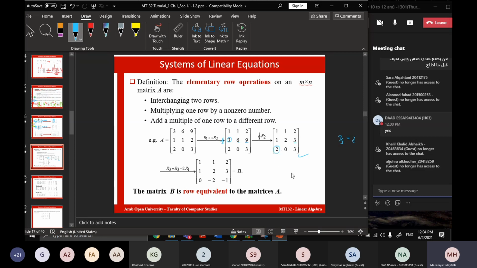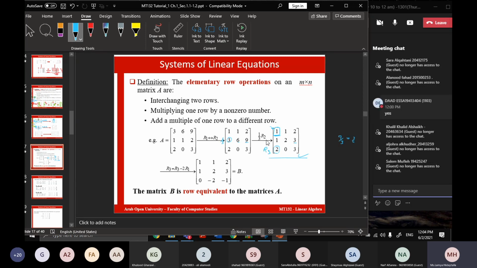How can I make this number 0? Where is the leading one for this one? It is this one. Right? This is an entry in that column, whose leading one is 1 here, this element. So I want to change R3 using what? Using R1. Okay, how can I change it?